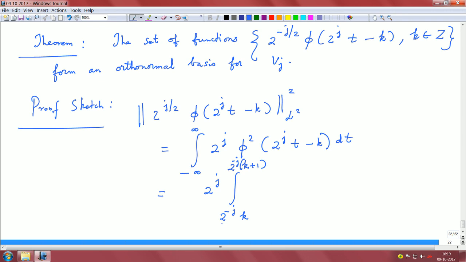So, there is 2 power minus j you pull out, k to k plus 1, and this is 1 square dt, and this is 2 power j times 2 power minus j, which is basically 1.